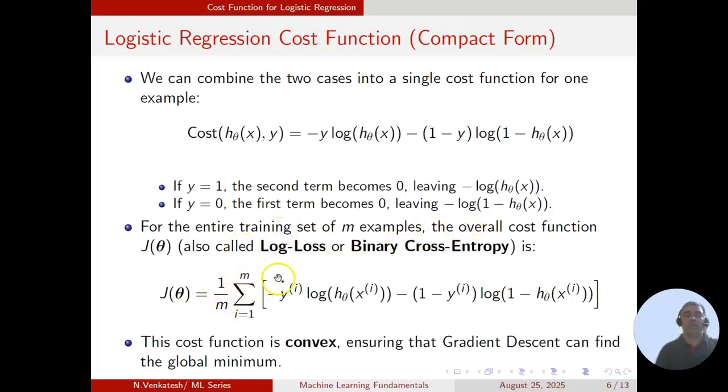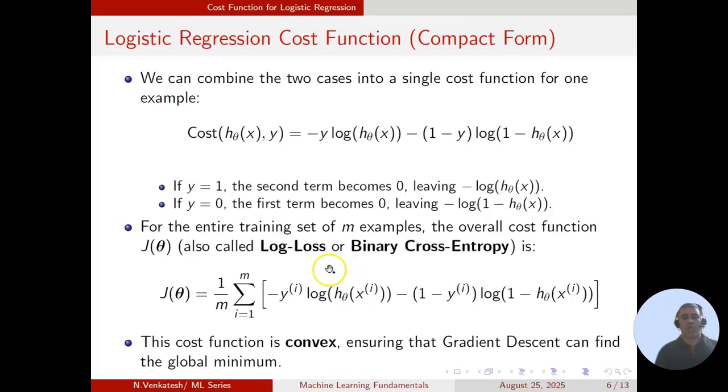So that is 1 by m, sigma i equal to 1 to m, minus yi log h theta of xi minus 1 minus yi log of 1 minus h theta of xi, where i is representing the ith training example here.